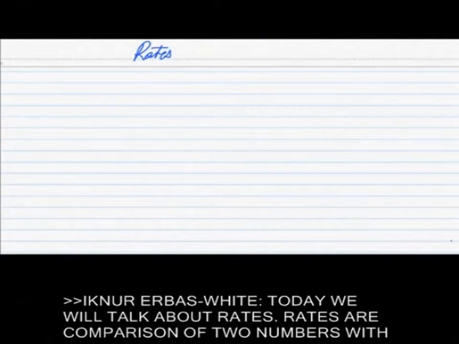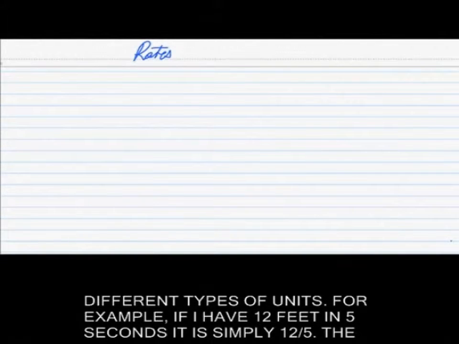We'll talk about rates. Rates are comparisons of two numbers with different types of units. For example, if I have 12 feet in 5 seconds, it is simply 12/5.